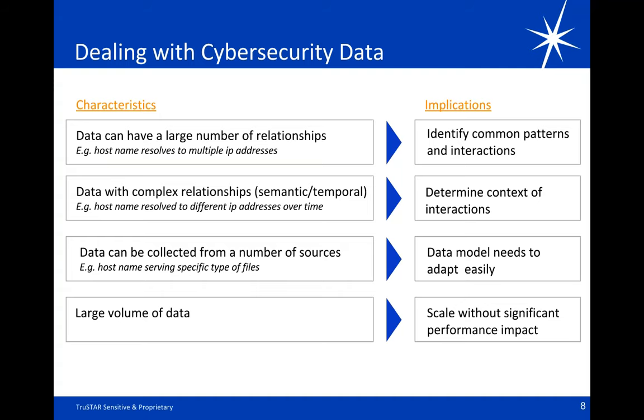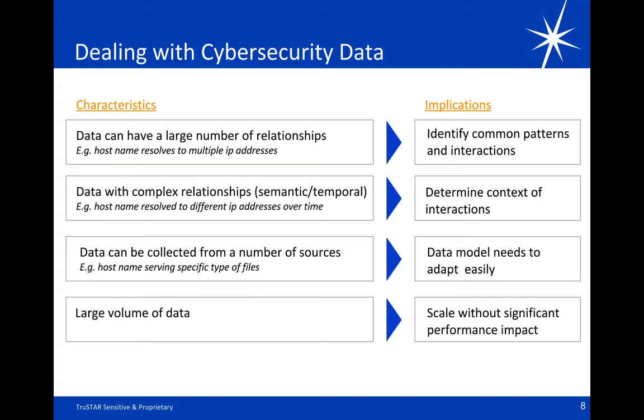The third characteristic is data can be collected from a number of sources. So right now, when you think about the kind of infrastructure tooling that goes into place in enterprises, security analysts and security solutions are looking at data being collected from firewalls, from their web application logs.